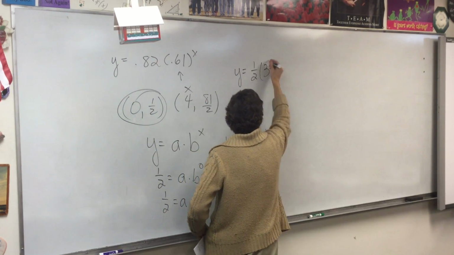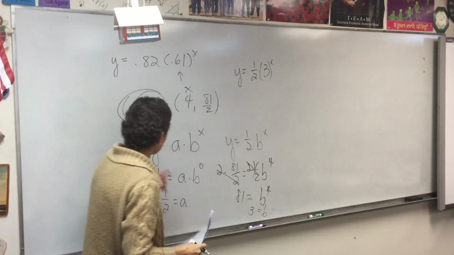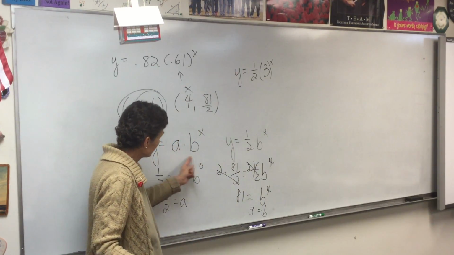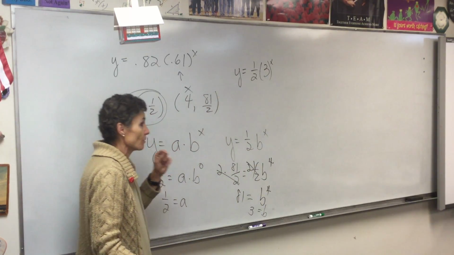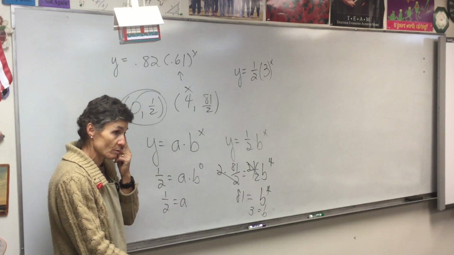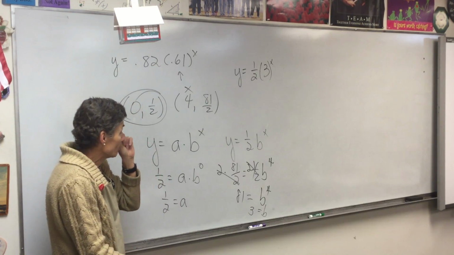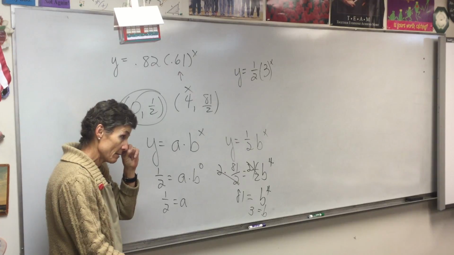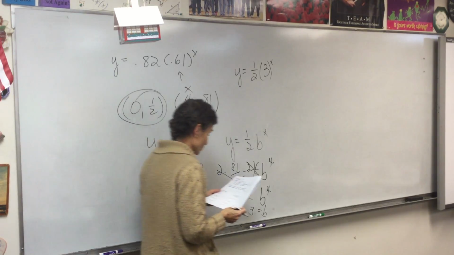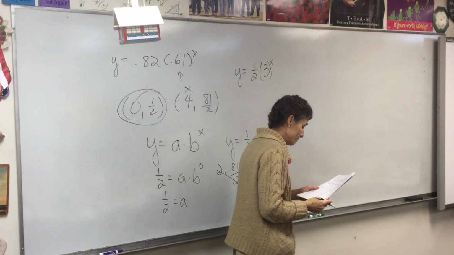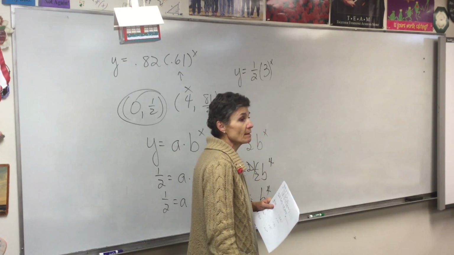A was 1/2, B was 3, so your answer is 1/2 times 3 to the x. Is anybody going to multiply the 1/2 and the 3 together? Never. They stay as separate numbers. Good.